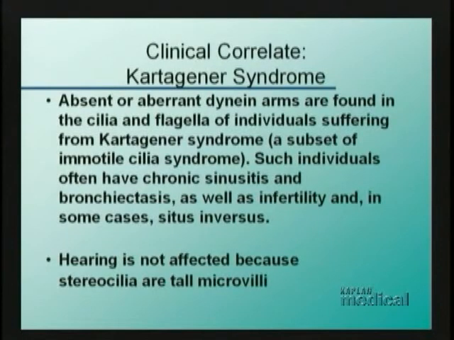And finally, a commentary. When there is an absence or a deficiency or a defect in the development of the dynein sidearms, patients develop Kartagener syndrome, where basically they have immotile cilia. Because of their prominent features and presence in the respiratory system, such individuals are prone to chronic sinusitis, bronchiectasis, and so on and so forth.